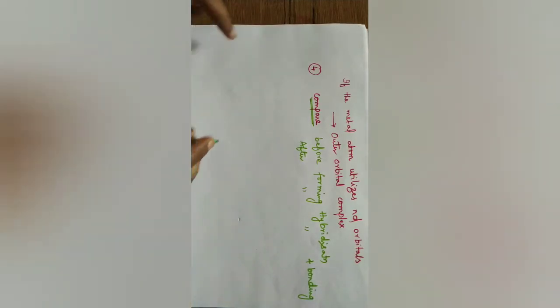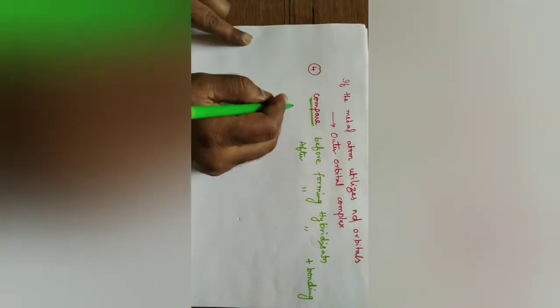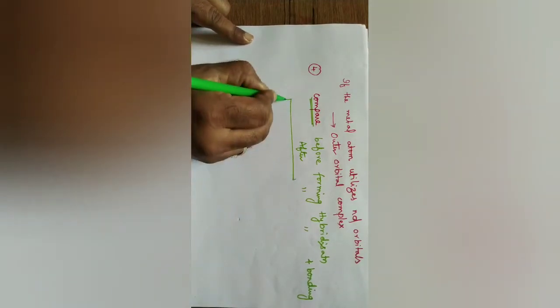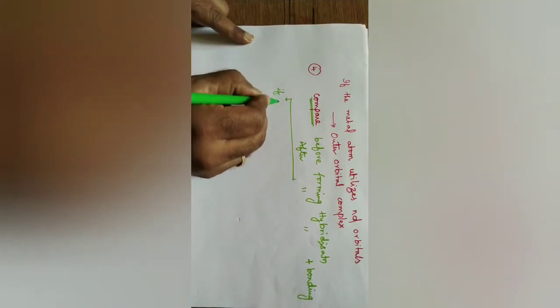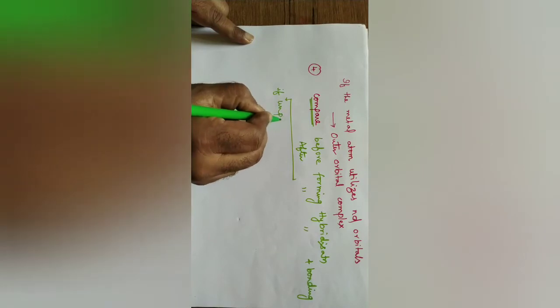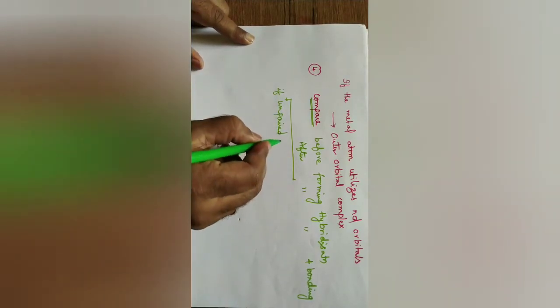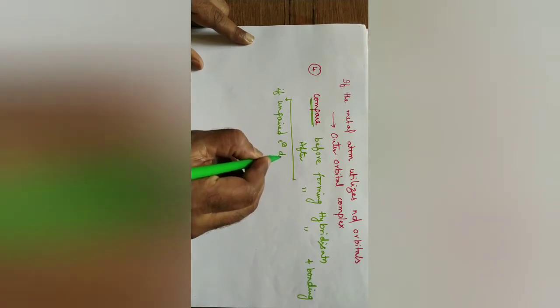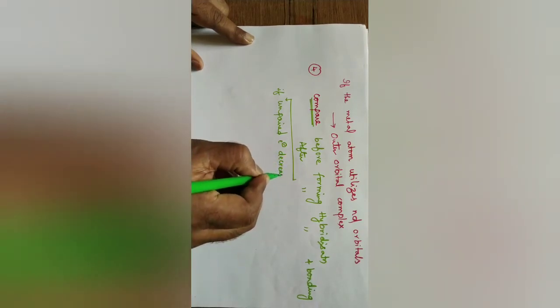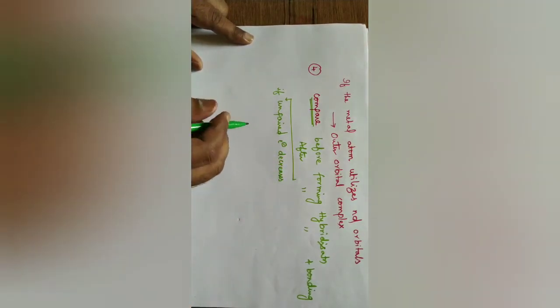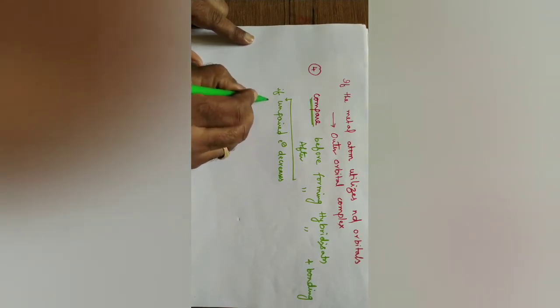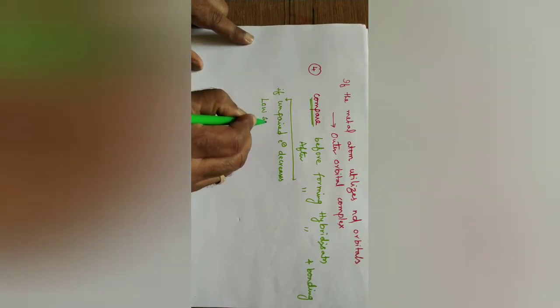In this case, if the unpaired electrons decrease, we call it a low spin complex.